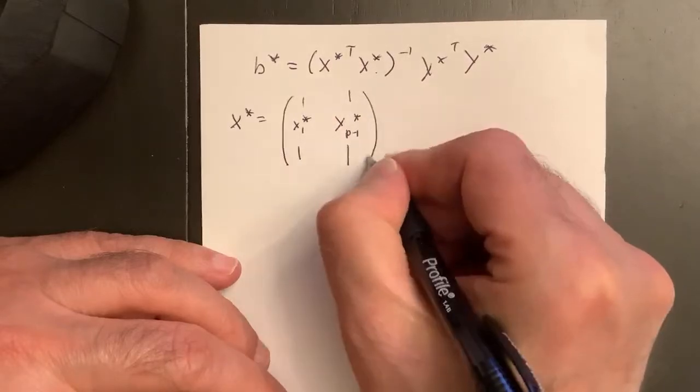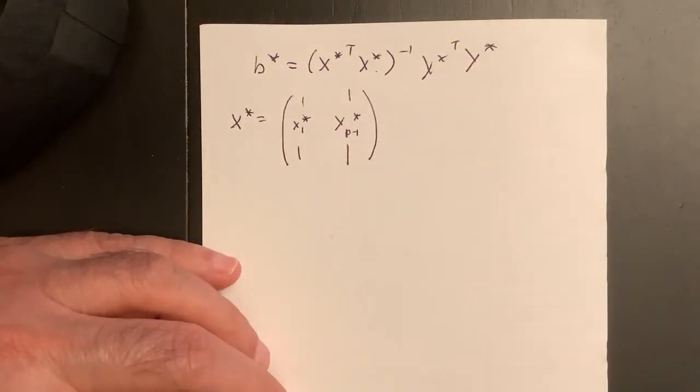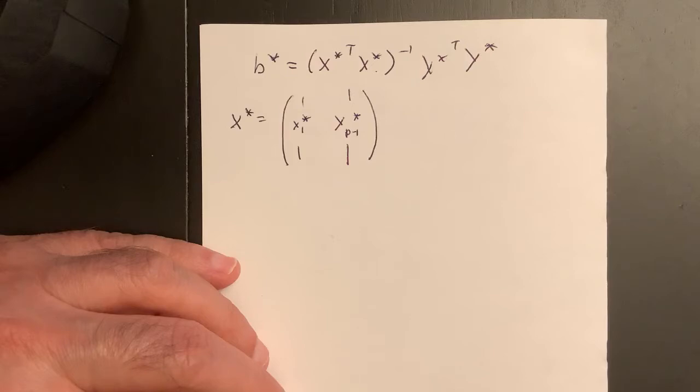So the p minus 1 predictors have undergone the correlation transformation, which means I've subtracted their mean, divided that centered result by the standard deviation of the vector, and then divided that by the square root of n minus 1. So that's what each of those are. And of course, y star is just the vector y star.